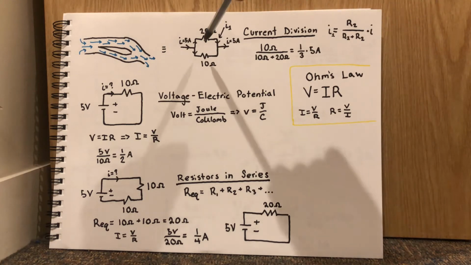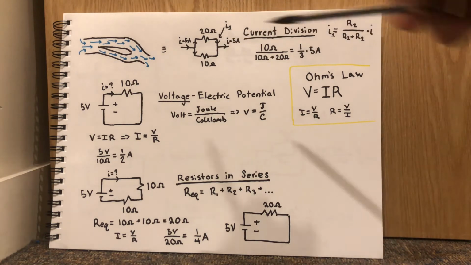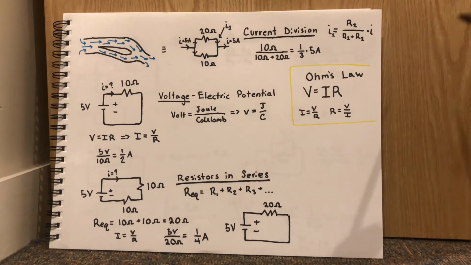The current through this side up here, I1, is equal to resistance 2, the 10 ohm, divided by R1 plus R2, multiplied times the current. So we have our current of 5 amps going into the resistors, and we're able to figure out what the current division is in this top part of the circuit.